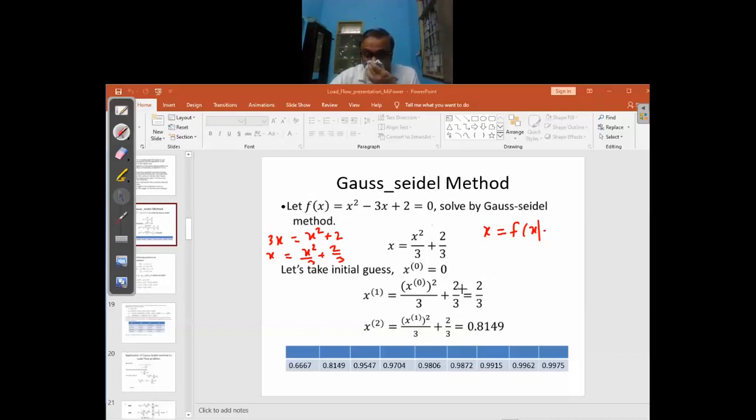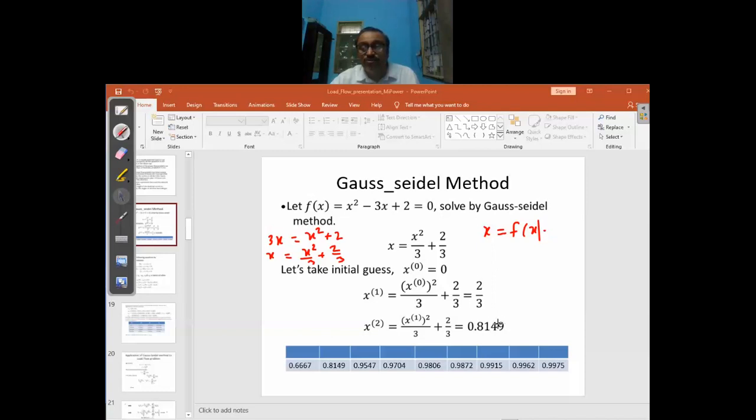So I substitute 2 by 3 here, and I get 2 by 3 whole square divided by 3 plus 2 by 3, which is what I have written here. This is my new value of x, which is 0.8149.